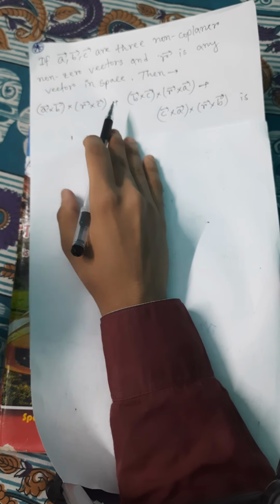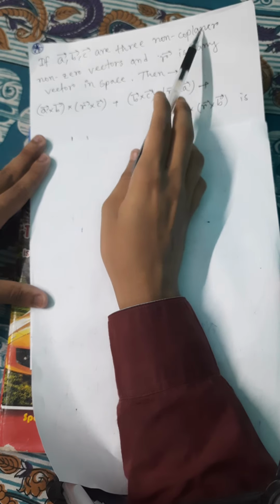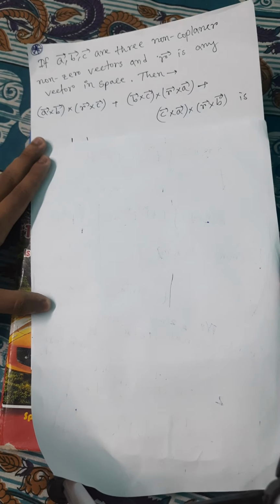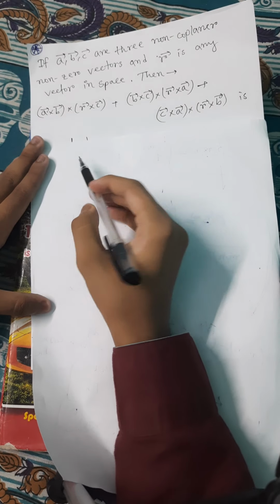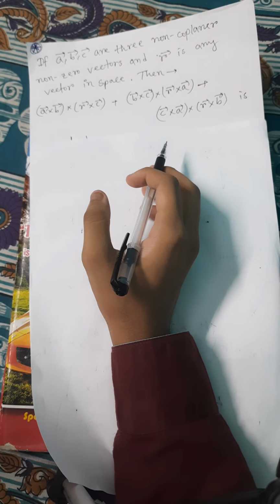and this, okay. And see, a, b, c are three non-zero non-coplanar vectors, and I don't know whether you know the linear independence and those things.